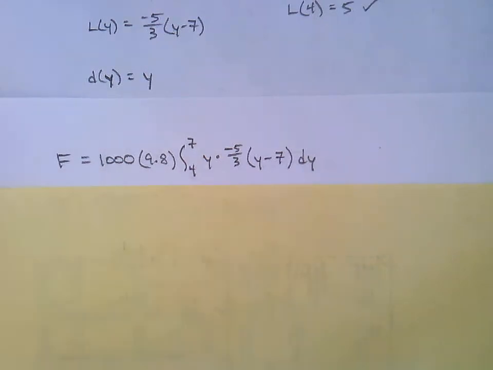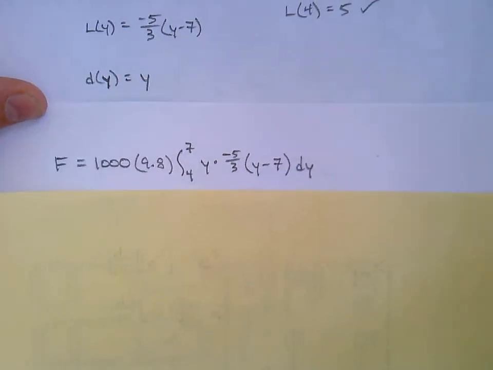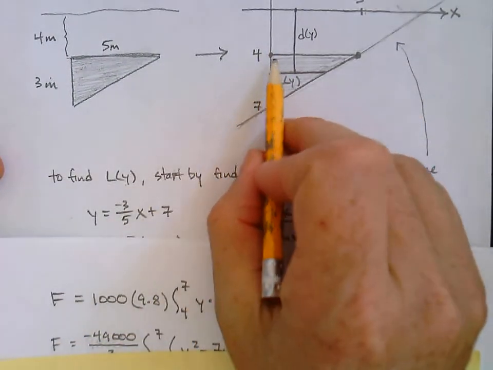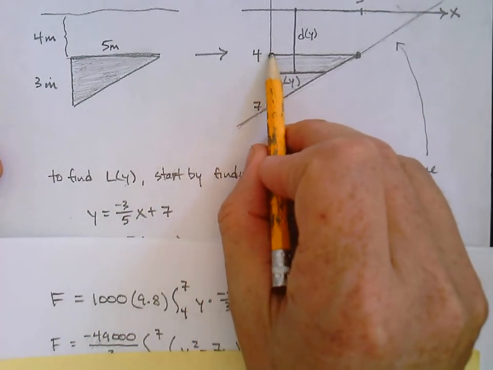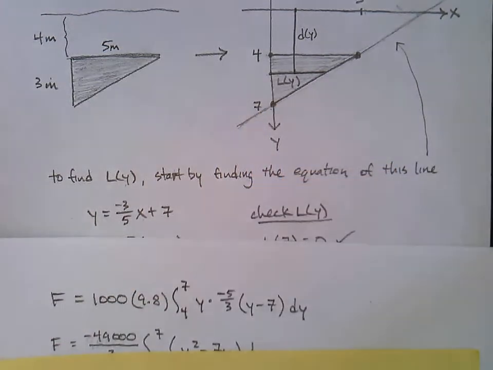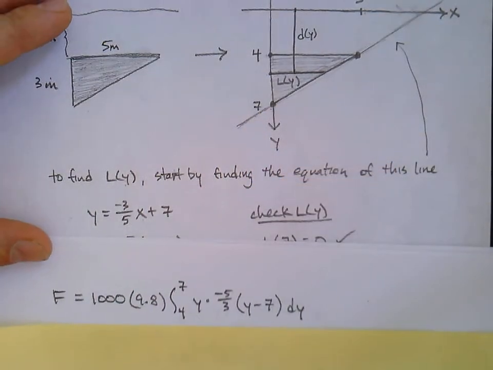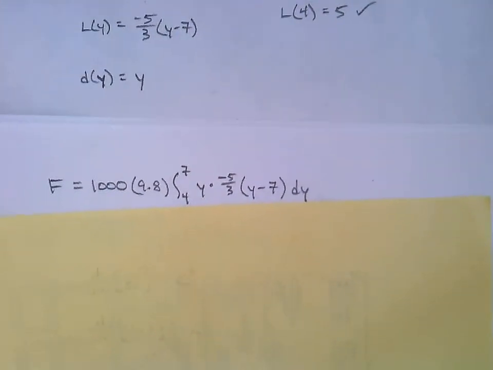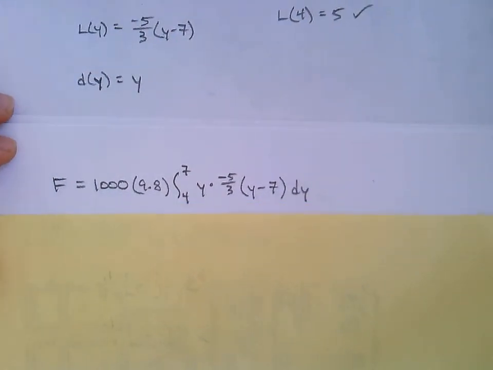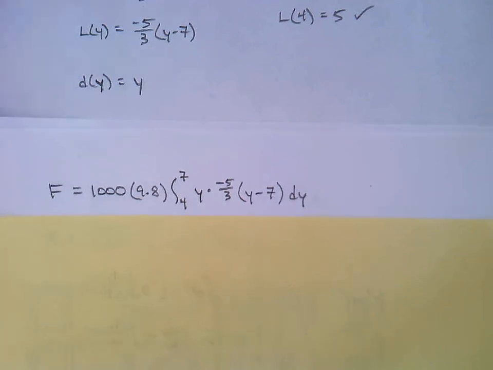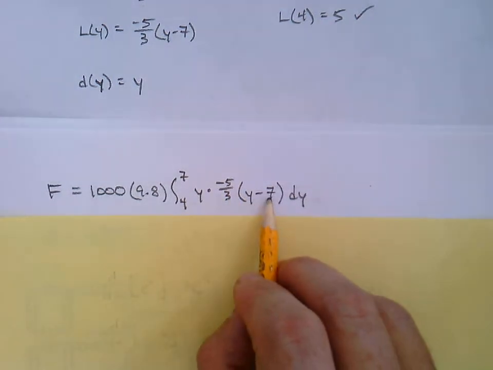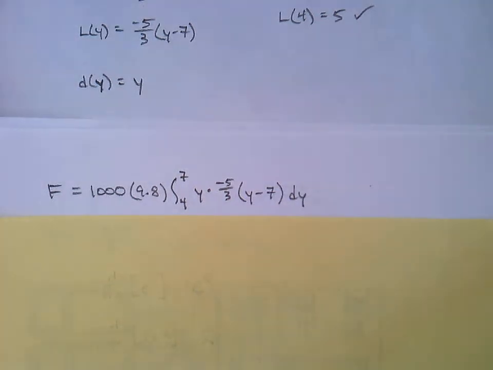So there's our density, 1,000 times 9.8. What's up with this integral from 4 to 7? Let's go back to the drawing. We begin at a depth of 4. We end at a depth of 7. There you go, integral from 4 to 7. And then we're plugging in our D of y and our L of y. So for us, y times negative 5 over 3, y minus 7, and we integrate with respect to y.